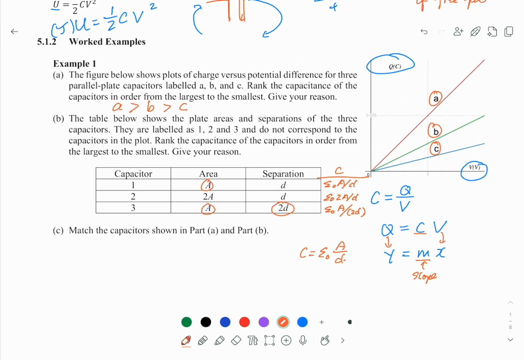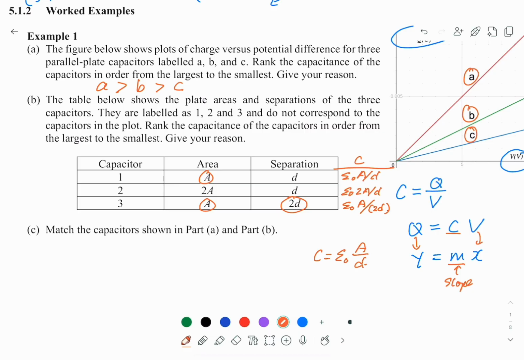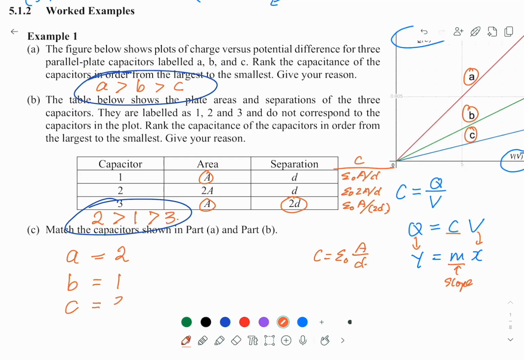So capacitor 2 is the largest, then 1, and then 3. If we compare the two sequences, capacitor A is capacitor 2 in part B. Capacitor B in part A is capacitor 1 in part B. Capacitor C is capacitor 3 in part B.